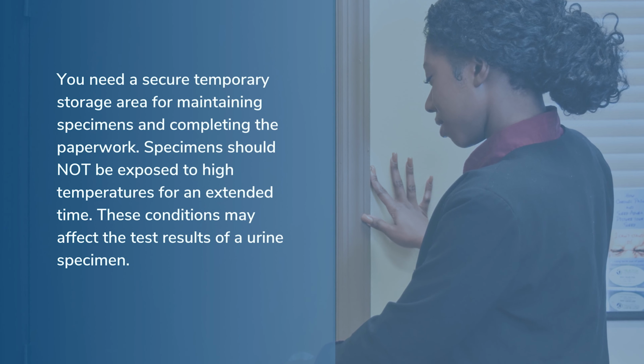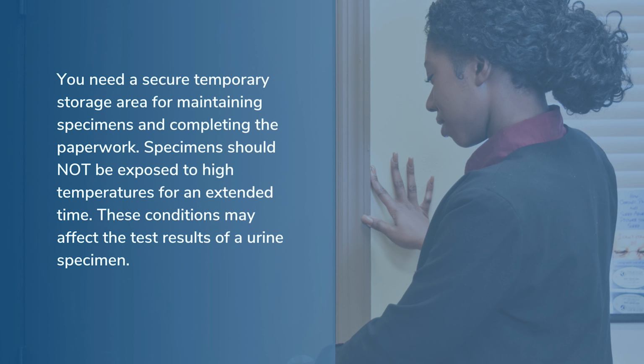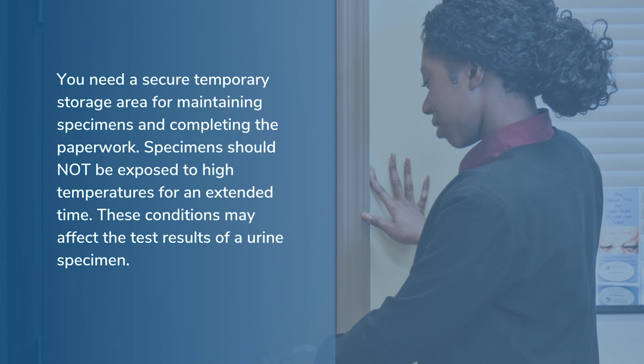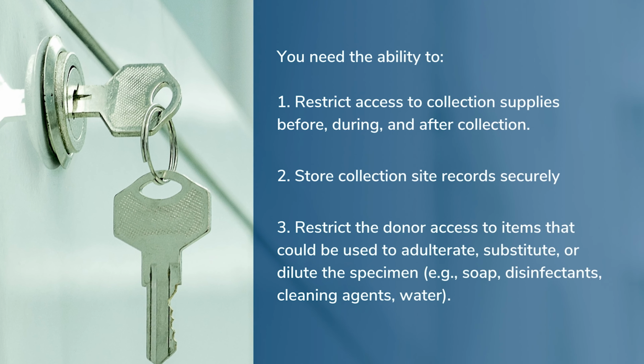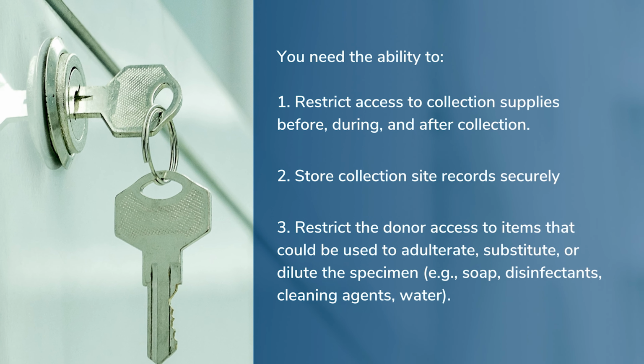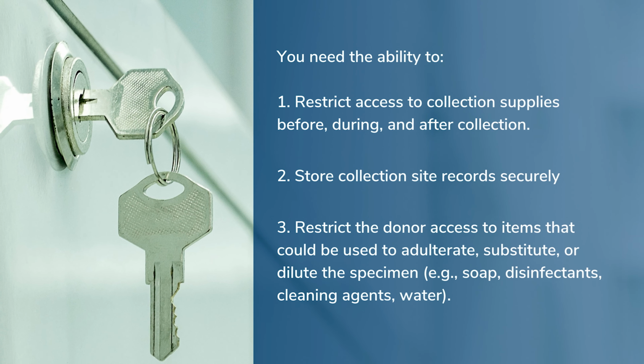You need a secure, temporary storage area for maintaining specimens and completing the paperwork. Specimens should not be exposed to high temperatures for an extended period of time. These conditions may affect the test results of a urine specimen. You need the ability to, first, restrict access to collection supplies before, during, and after collection.